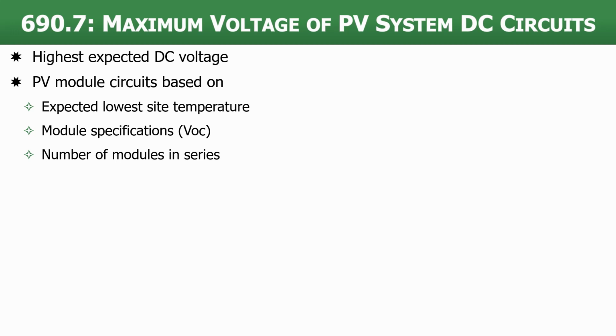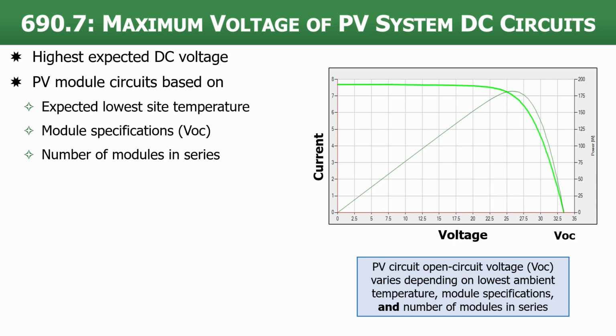Basically these three things: the expected lowest temperature on site, the module specifications, right? There's thousands of different modules out there. They all have different voltages and a few other parameters. And then finally, the number of modules in series. Yeah, that's certainly going to affect our circuit voltage.